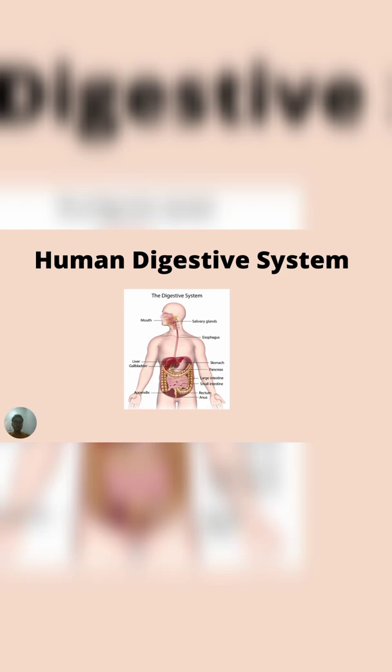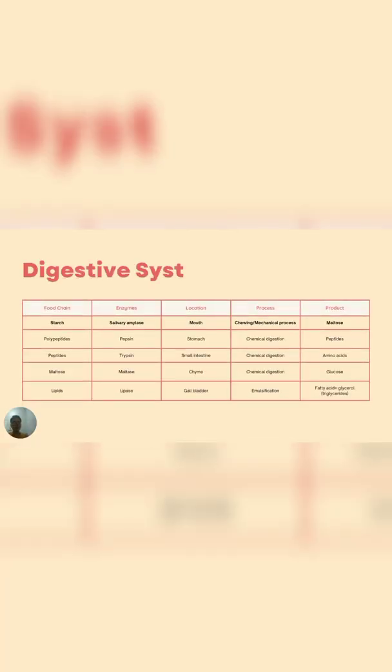So, in our case study, let us move to the human digestive system, in other words, through the perspective of the enzymes. Here, you can see that our food chains consist of their specific enzyme that can bind together to produce a final product.